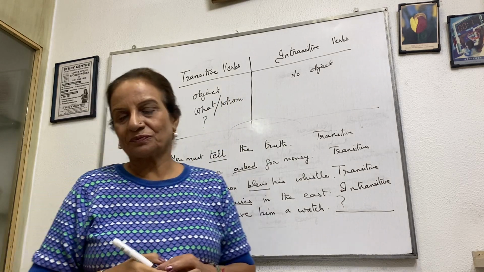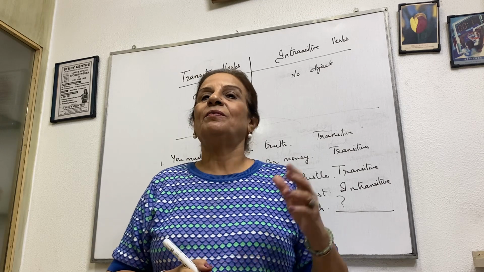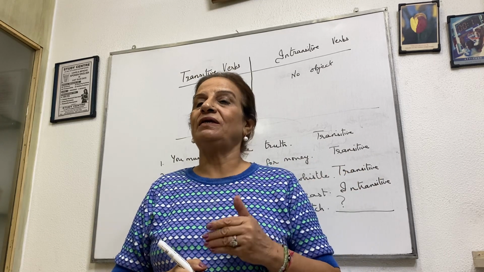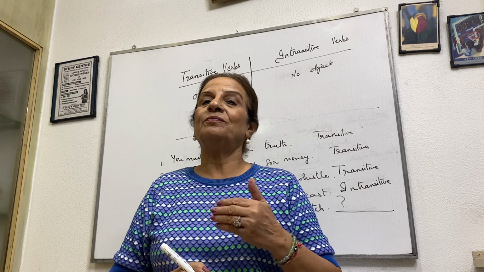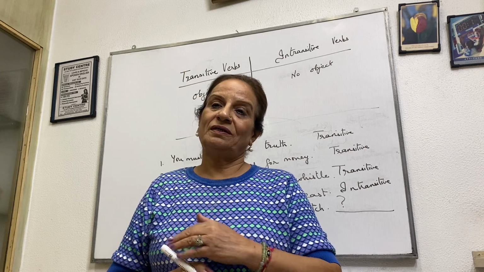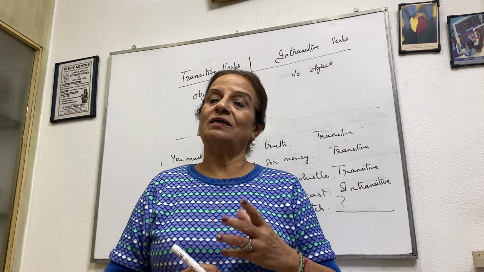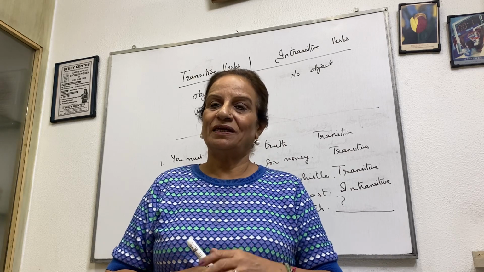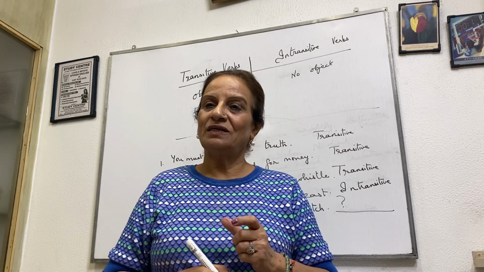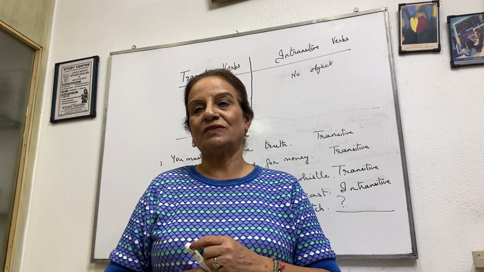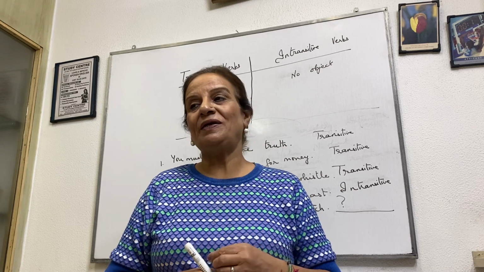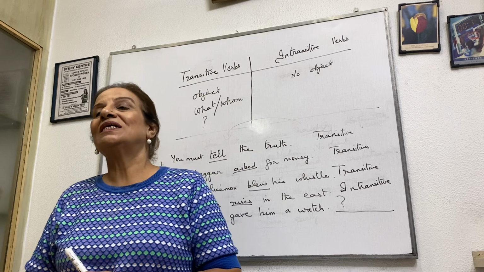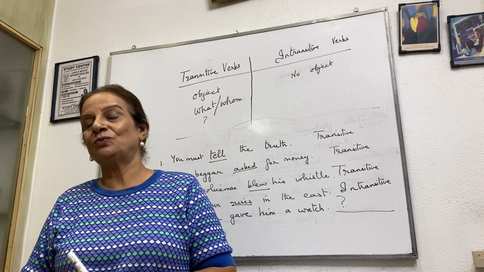Suppose I say, mom gave me a birthday gift. So there are two objects here. Gave what? A gift. Gave whom? Me. So there are two objects. So that's why I said ask the question what or whom.